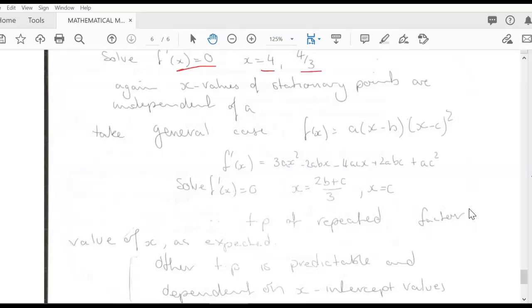If we were to expand that, we get this in terms of a, b, and c. Solve for f'(x) equals 0, and we get this. So that means you can substitute any values for b and c, and you'd get the x coordinate of the turning point.